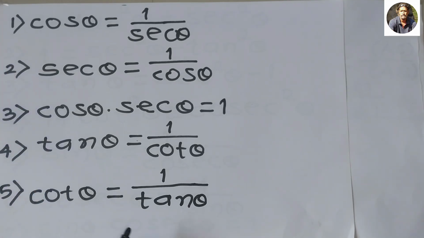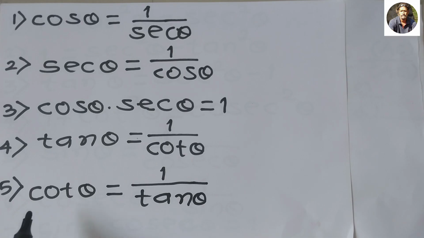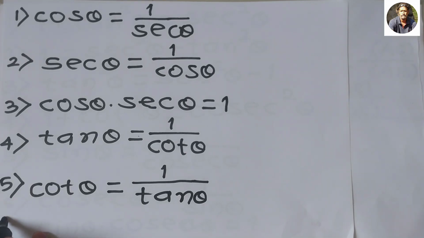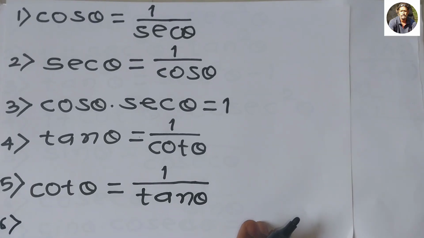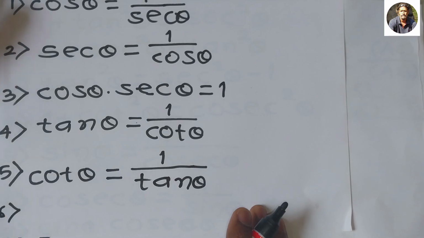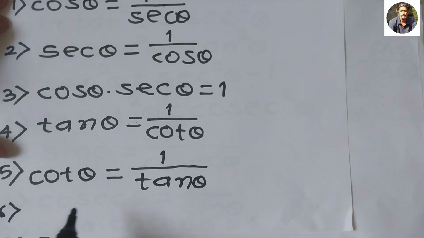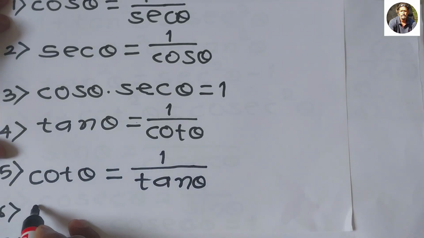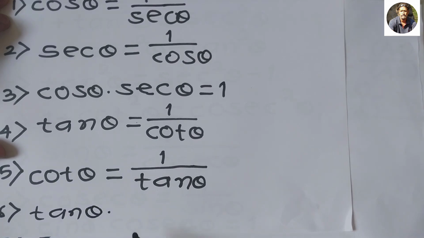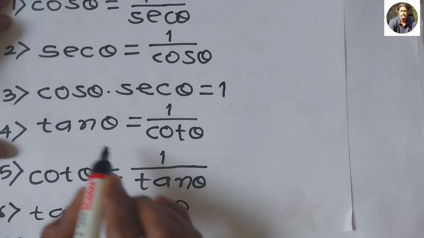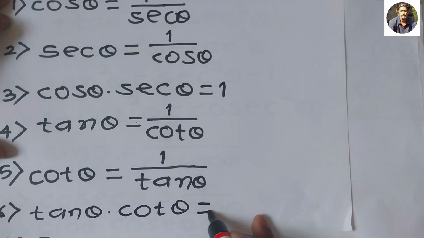Then next we write the sixth one. Look here properly, that is the product of these two: tan theta into cot theta is equal to 1.